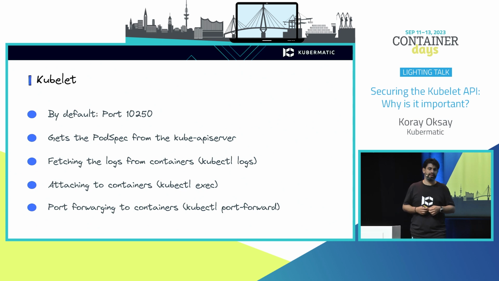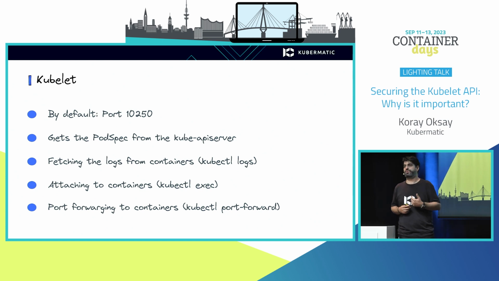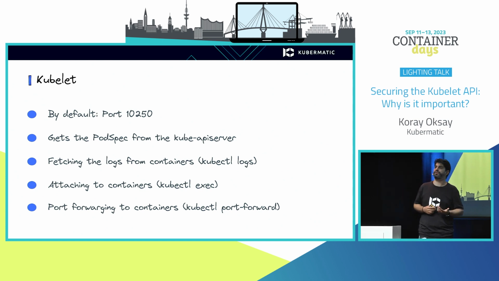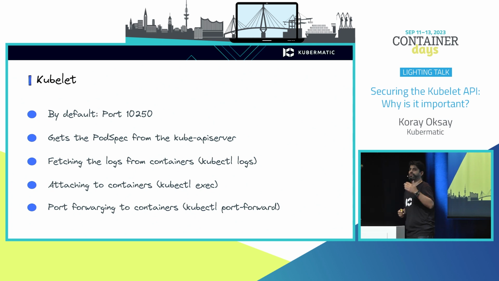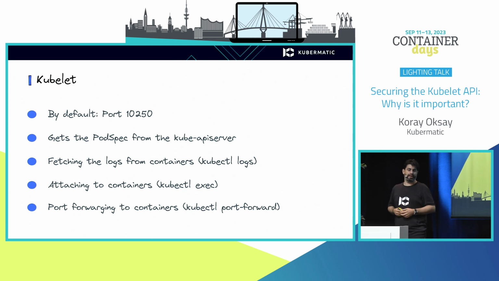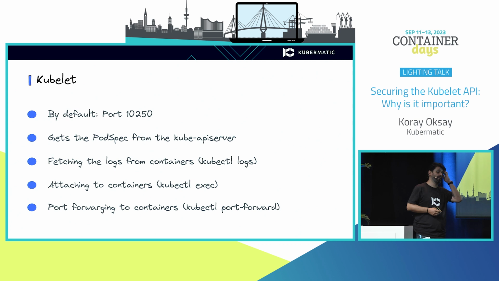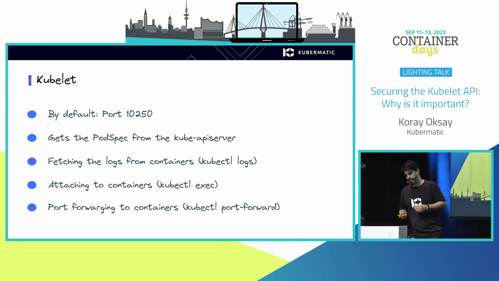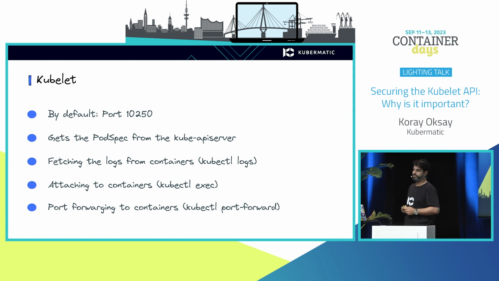But it also helps you fetch the container logs. If you want to attach to containers, like kubectl exec, again you go through Kube API server to Kubelet, and it's the same for the kubectl port-forward command. So it has an important mission within the cluster.